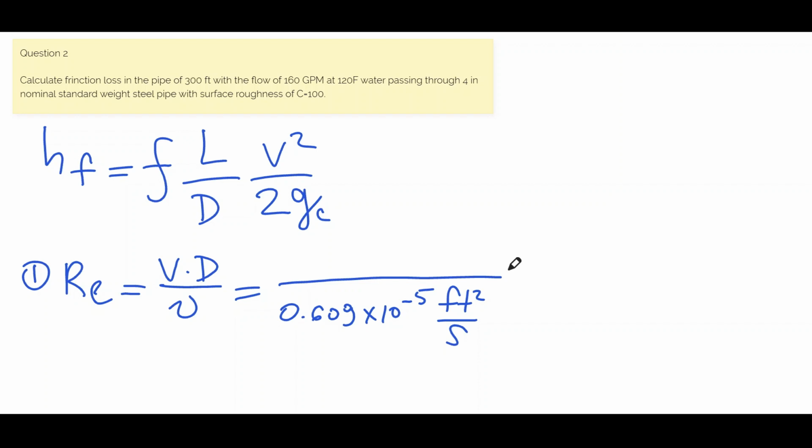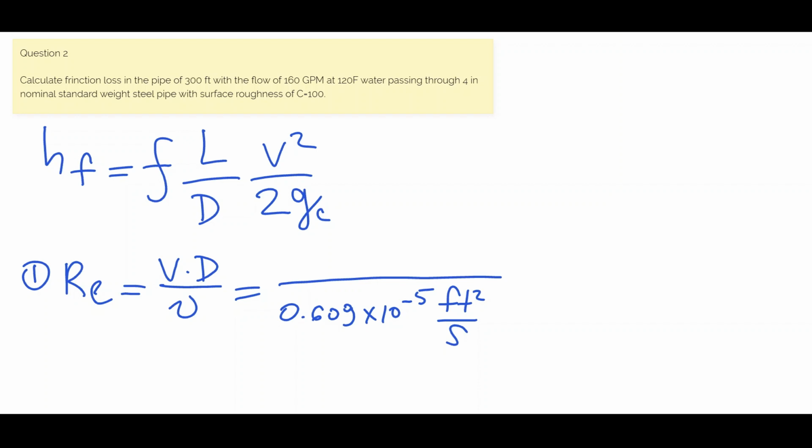Now, for the velocity, we can just use standard pipe tables. So you can just type in steel pipe friction tables. Those friction tables are for coefficient C equals 100. As values of your C change, you have to adjust those values in the table.